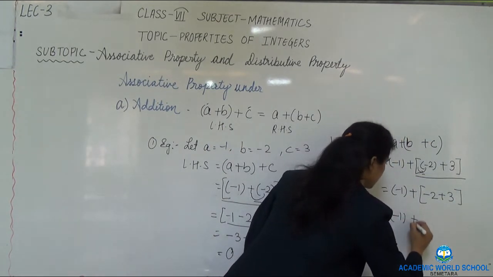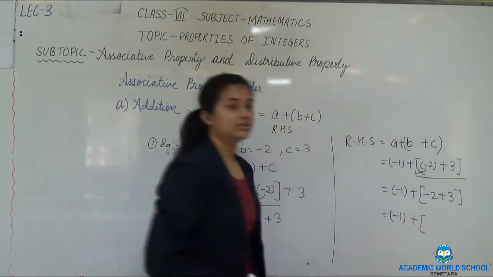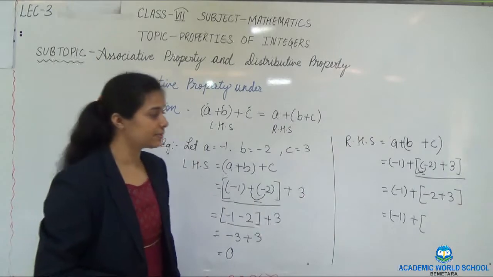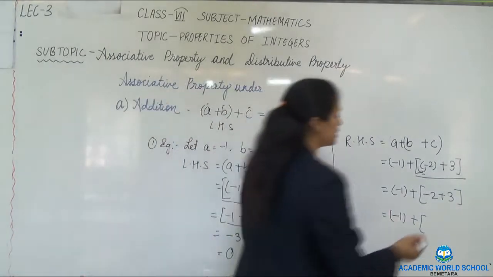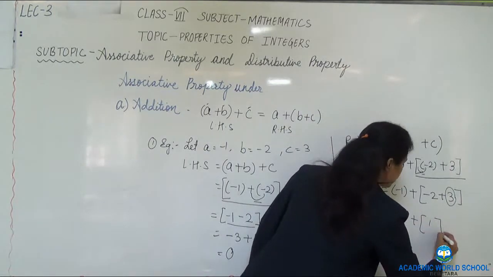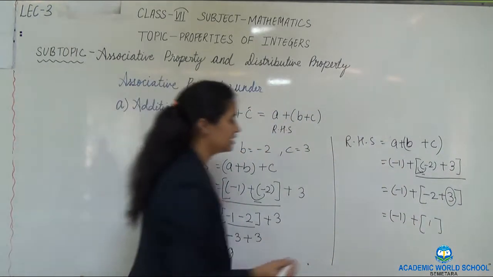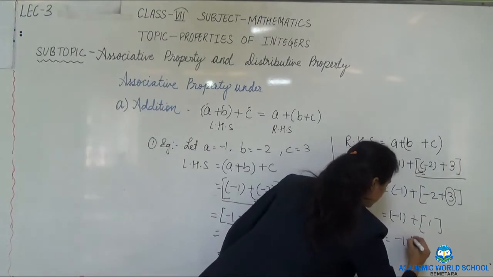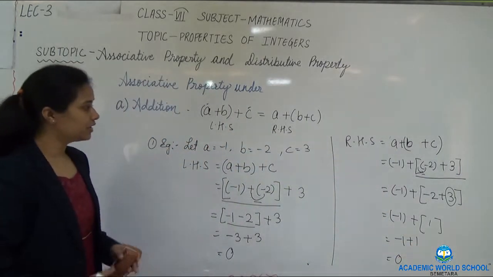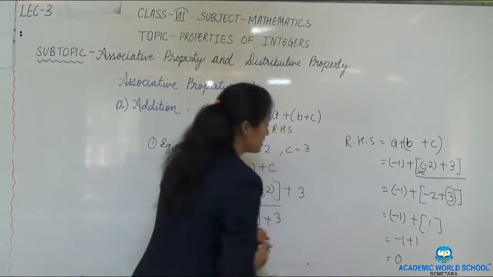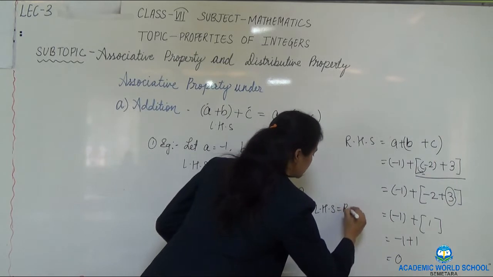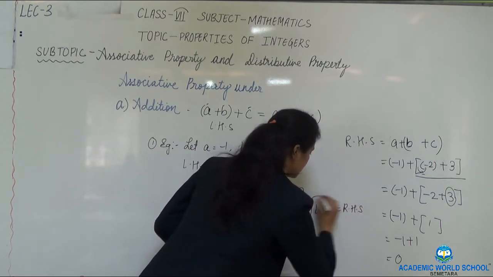-1 plus 1, see, the two integers have opposite signs. So when integers have opposite signs, we subtract and we put the sign of the greater number. So 3 is greater here and it is a positive number, so our answer is positive. So what we got? -1 plus 1, again that is 0. So what we concluded from here is left hand side equals right hand side.